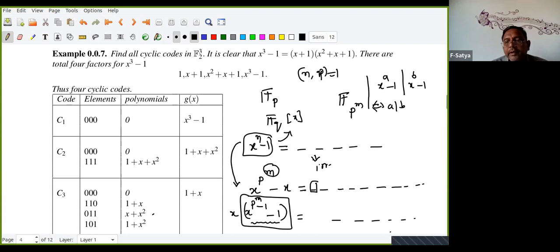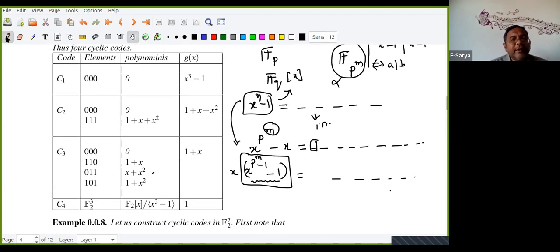Now this one is a finite field, so it has a generator, say alpha, right? This is the way we discussed it; I'm just recalling.